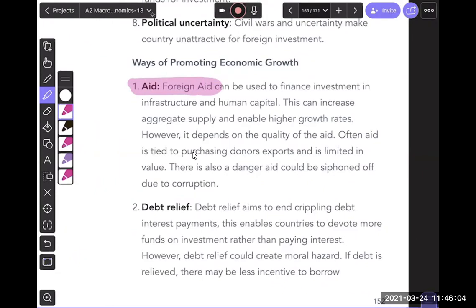Both of these could be a way to encourage economic development. Secondly, is debt relief. A lot of poor countries who are in high debt may ask for debt relief, that can actually help in promoting economic growth, because when you do not have to pay that debt, then money can be invested in the country.